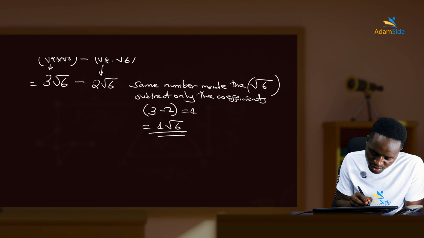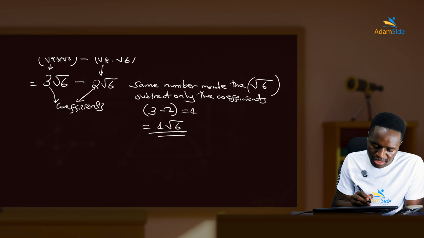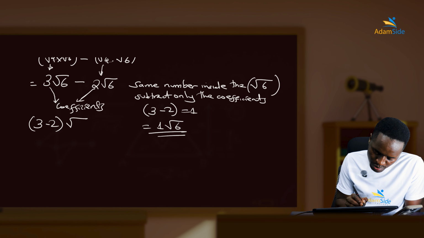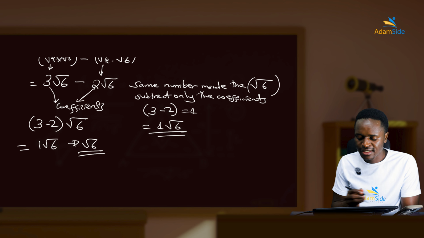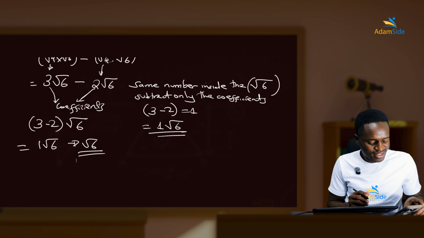These are what are called coefficients. Now we say 3 minus 2, then keep that, and your answer becomes 1 root 6, which can also be written as just root 6. It's 1, obviously. Right, nice one. This is how you simplify.